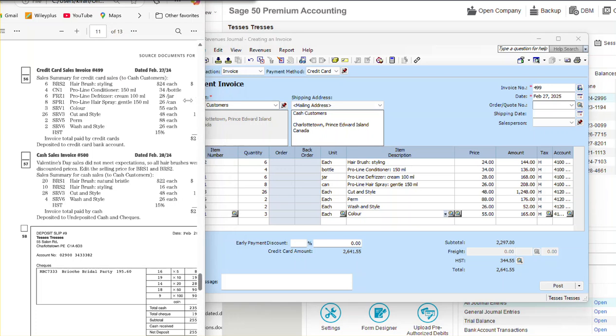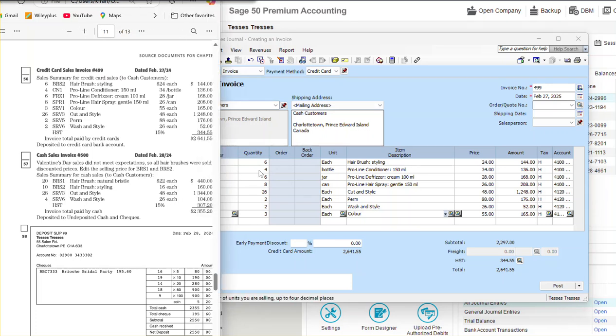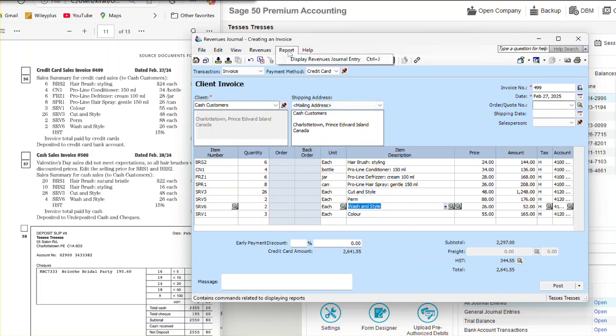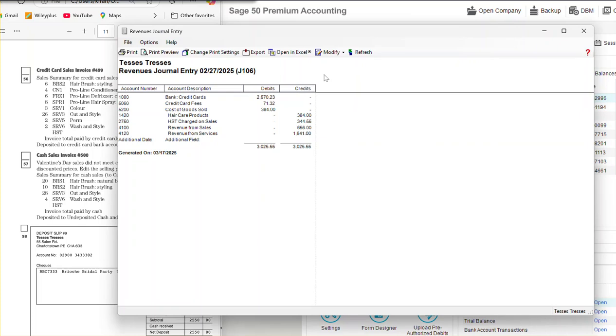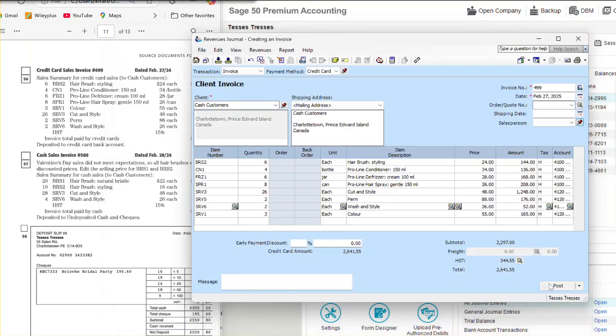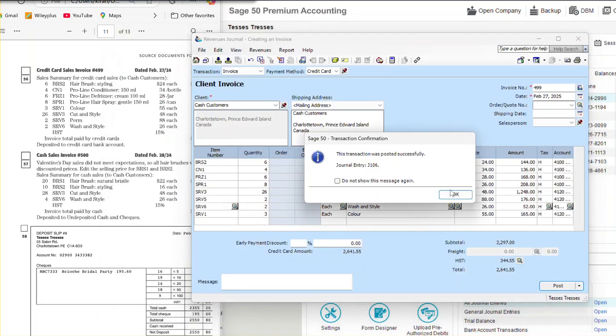That's what the amount is. And your transaction should look like this. Okay, so I am going to close it, and I'm going to post it, and we'll say okay.